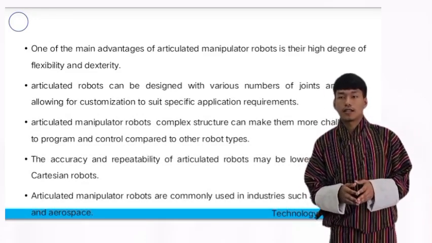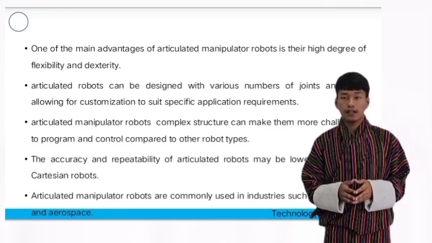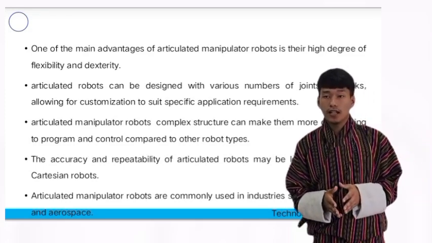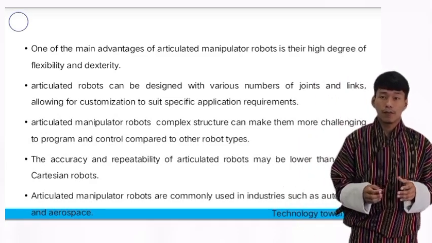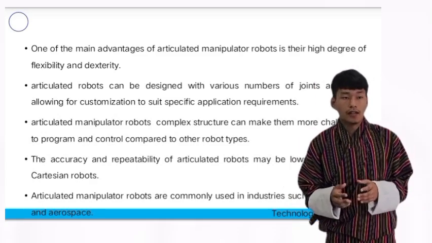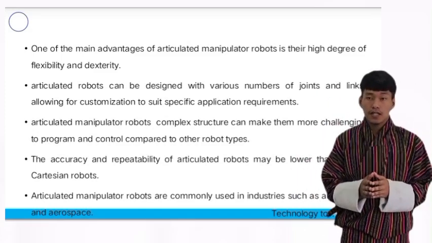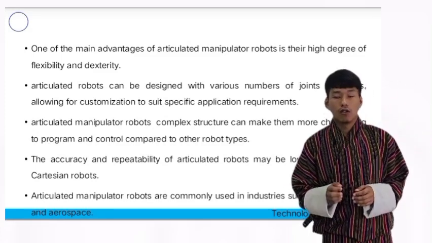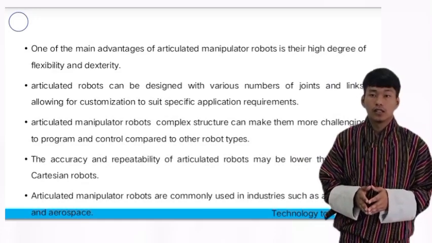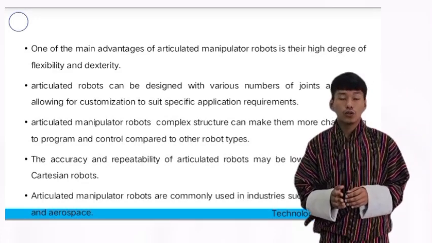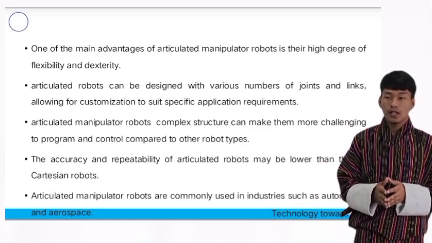These robots have a complex structure that can make programming and control more challenging compared to other robots. Their accuracy and repeatability are lower compared to Cartesian robots. Articulated manipulator robots are commonly used in industries such as automotive and aerospace.